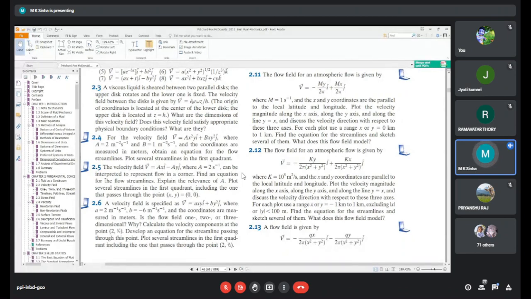You have to find the streamlines. Any example will give you the idea. The value may be different or the same, it doesn't matter. So you should find out the value.